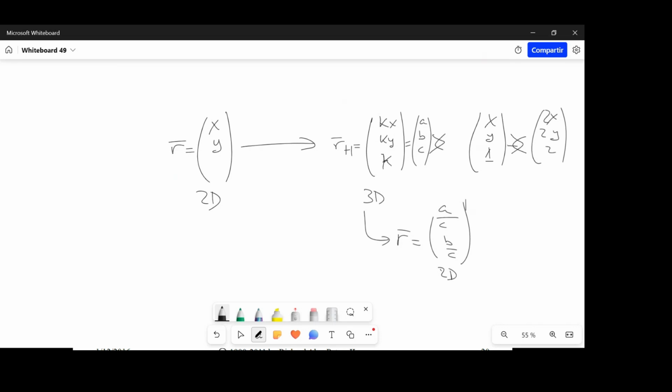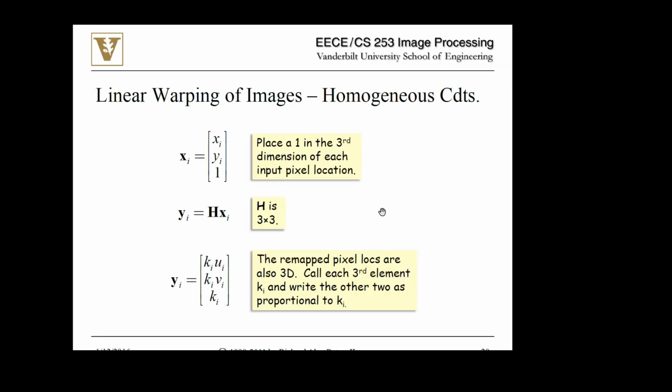Okay, so we have transformed our 2D problem into a 3D problem. Now we use these homogeneous coordinates. So we have the x, y, 1, and now this is 3D. We have to look for the H matrix that is also 3D, and it will produce a homogeneous coordinate.